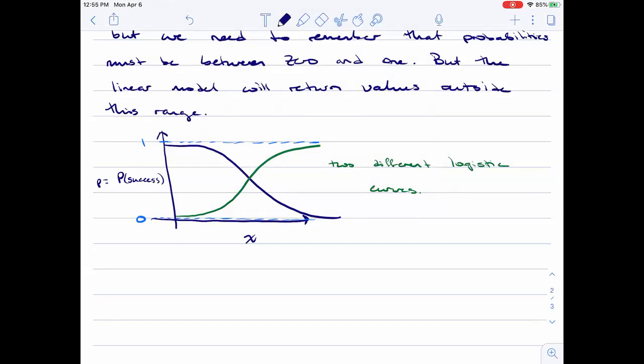So we need something that's going to force these bounds, so that we don't get predicted values outside the range of 0 and 1.